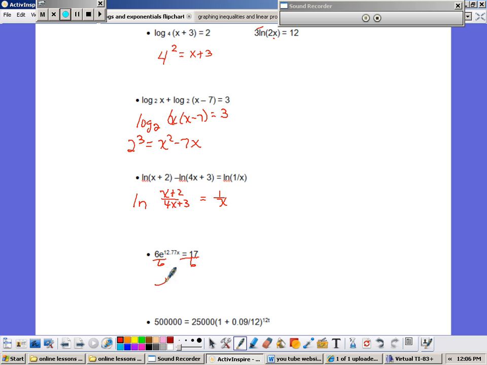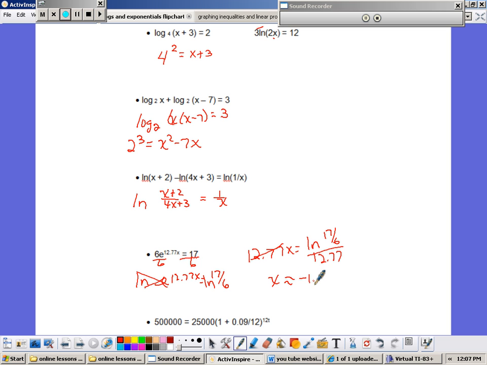Divide by 6. E to the 12.77x equals 17.6. Natural log both sides. 12.77x equals the natural log of 17.6, divided by 12.77. So the natural log of 17.6 divided by 12.77.